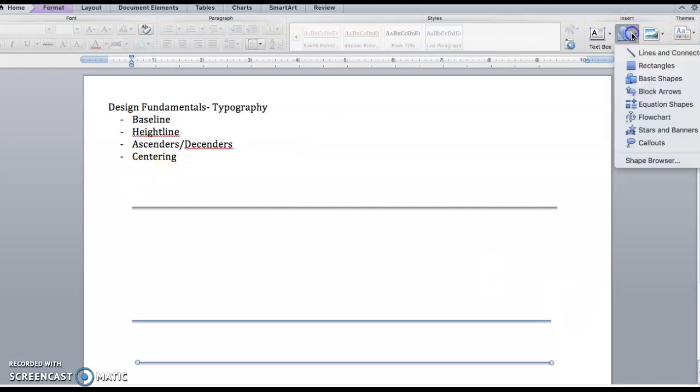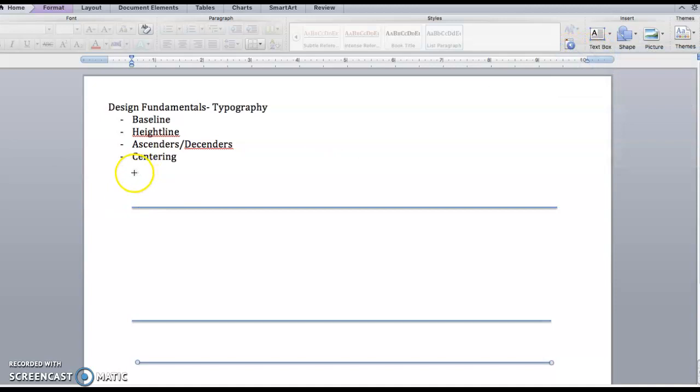We're going to do the same thing for the ascender line, and that just means that the letters ascend above the height line. So we'll do this over here, keep it going, get it straight. Depending on how you design your letters, if they're minuscule letters, then the H can go above the height line.